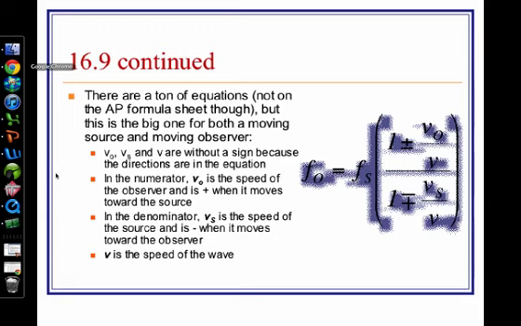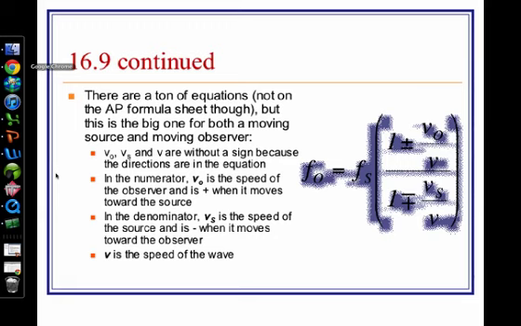This makes sense if you think about the wave. If the observer is moving towards the source, then it's positive, and this is for the top half of the equation. And if the source is moving towards the observer, it's negative, and this is for the bottom half of the equation.